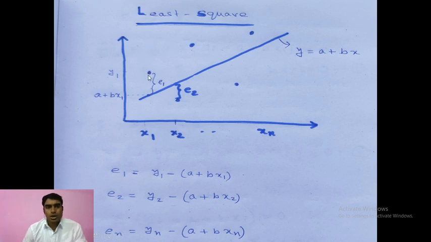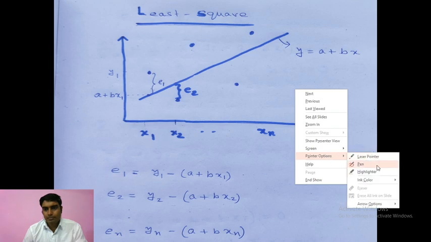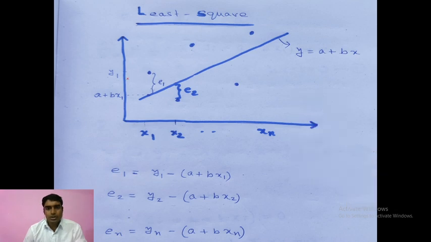Suppose we have some bivariate points. Here this is your first point, and its coordinates are x1, y1. The next point is x2, with corresponding y2, and similarly this is x3, y3 and this is x4, y4, and so on.